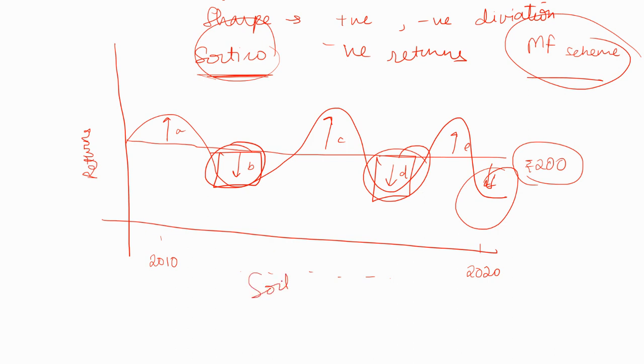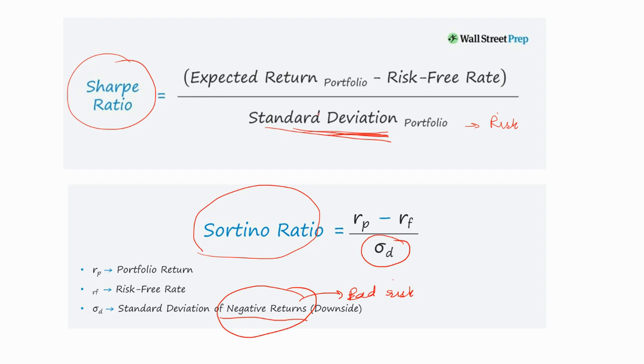The Sortino ratio will be greater than the Sharpe ratio. Why? Because in case of Sharpe ratio, the standard deviation that we took was the sum of A, B, C, D, all. So the standard deviation in case of Sharpe ratio will be a much greater value. In case of Sortino ratio, since we are only taking the negative deviations, the standard deviation will be smaller. Since standard deviation occurs in the denominator, the smaller the standard deviation, the greater will be my ratio.